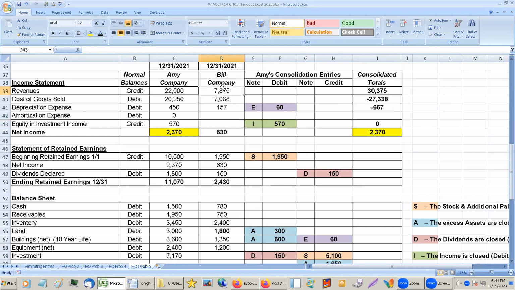And you'll notice that this is all included in this 570. So this is coming out. And then we're going to add them all up, taking all the revenues for both companies and so on and so forth.